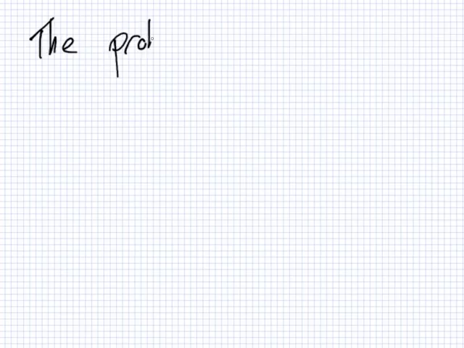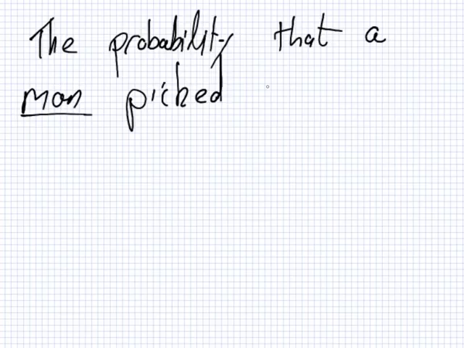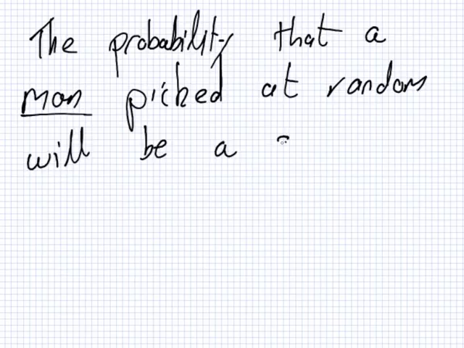Right, so this time I want the probability that a man picked at random will be a smoker. So now we're only picking from the men, and we want to know what's the probability that that man will be a smoker.